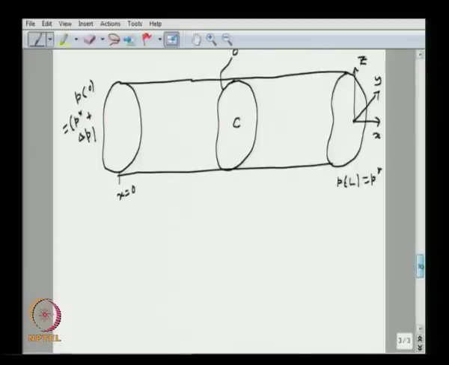So, here under that assumption we can say that here the channel section is not changing. So, channel section or cross section not changing along x, okay.